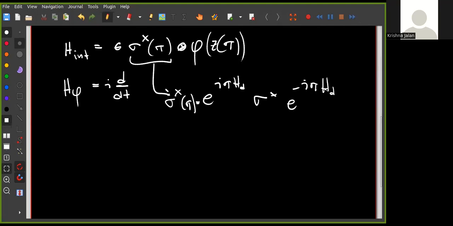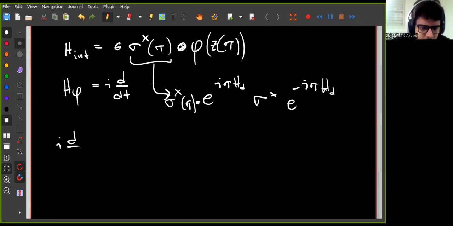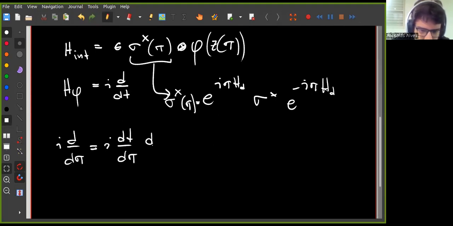So we have d over d tau equals i dt d tau d dt, which then equals dt d tau H_phi.